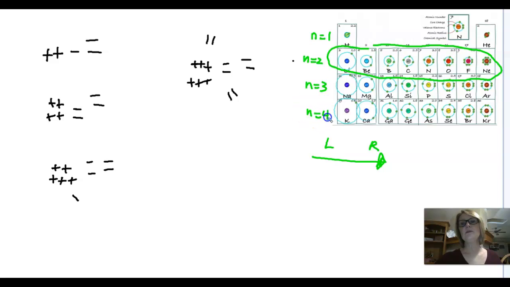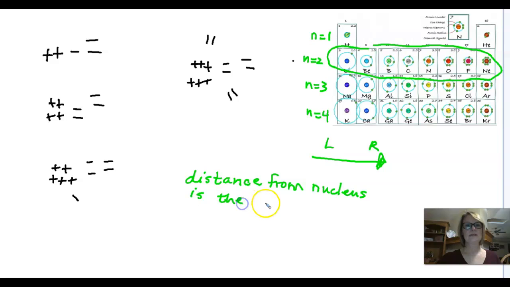We don't really care about all of them, but we're going to look at energy level 2, which means that in terms of our electron configuration, all of the electrons that are going here are filling energy level 2, which means that the distance from the nucleus is the same.